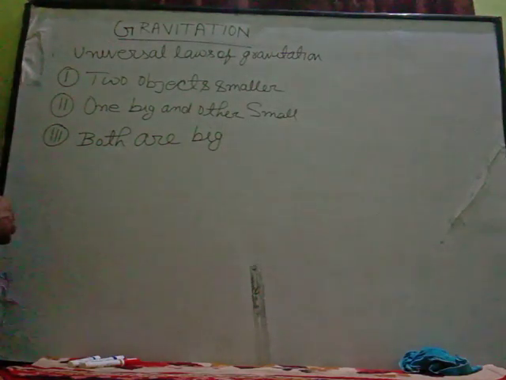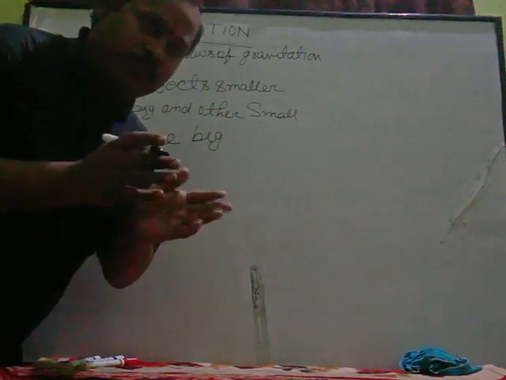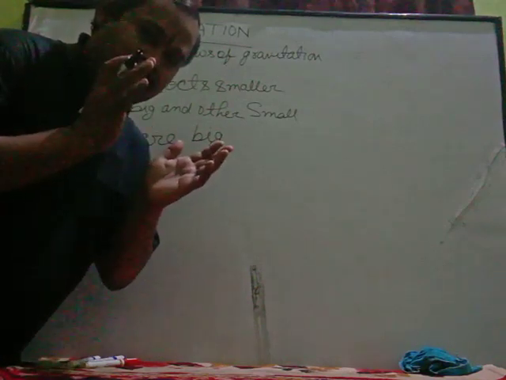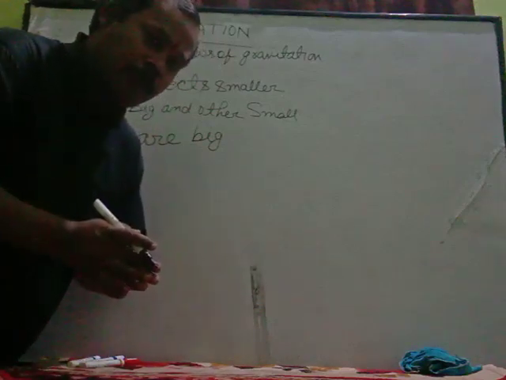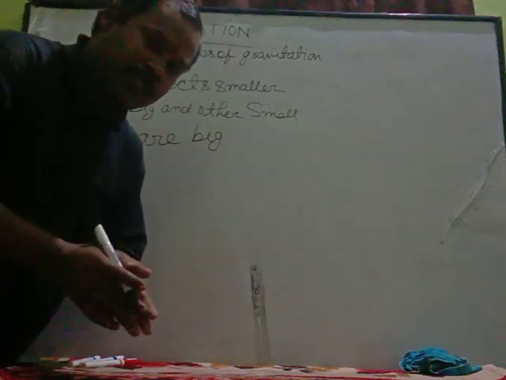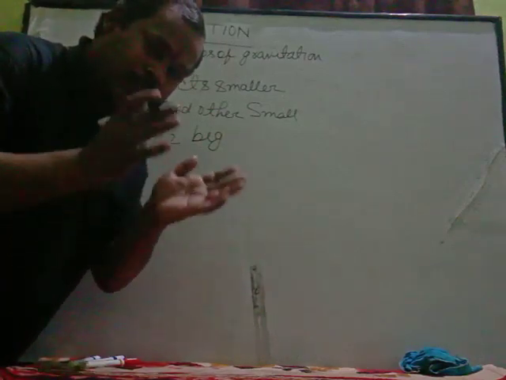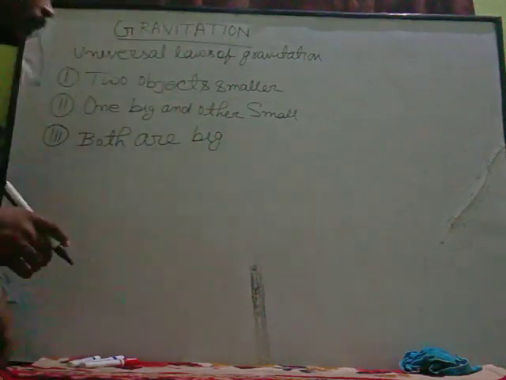Smaller objects means all those objects which are not heavenly bodies, and big objects means all those objects those are heavenly bodies.